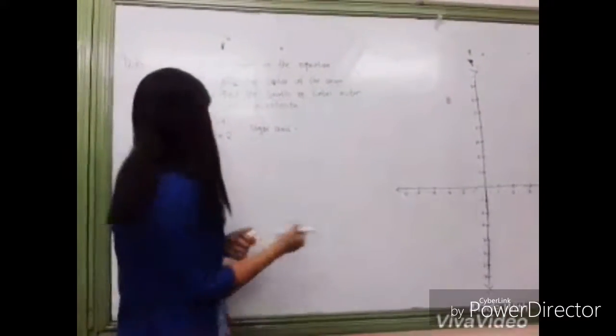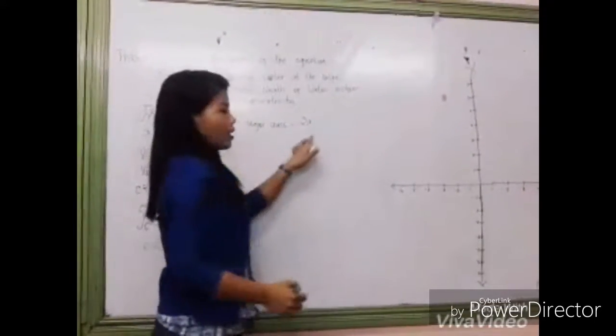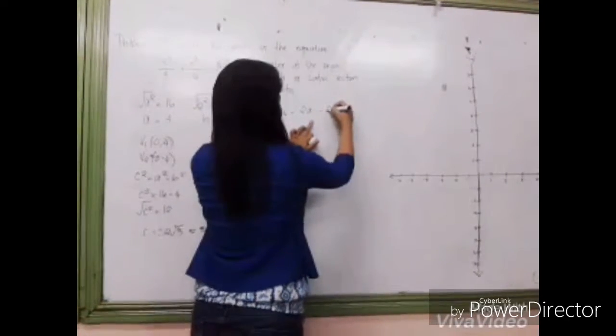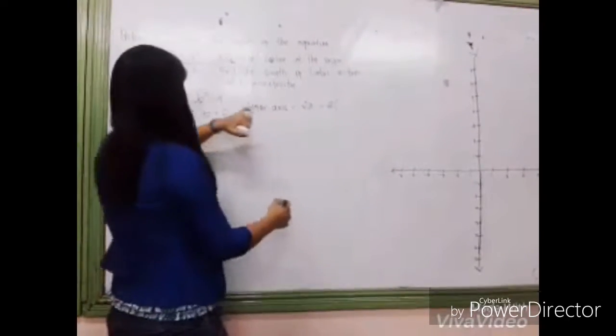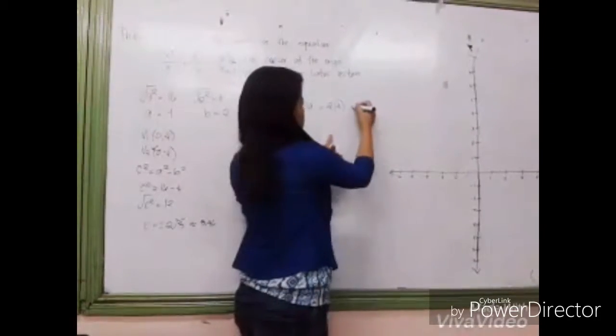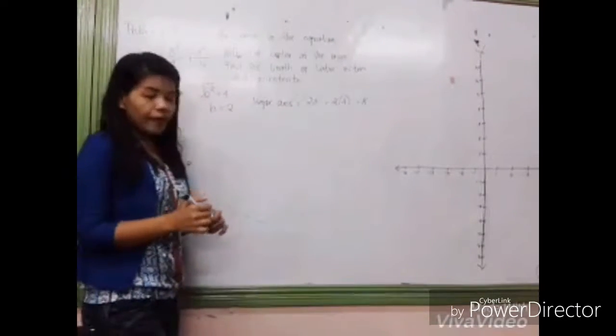Now we can find our major axis. Our major axis is 2a, and the value of a is 4, so 2 times 4 is equal to 8. And now our minor axis.